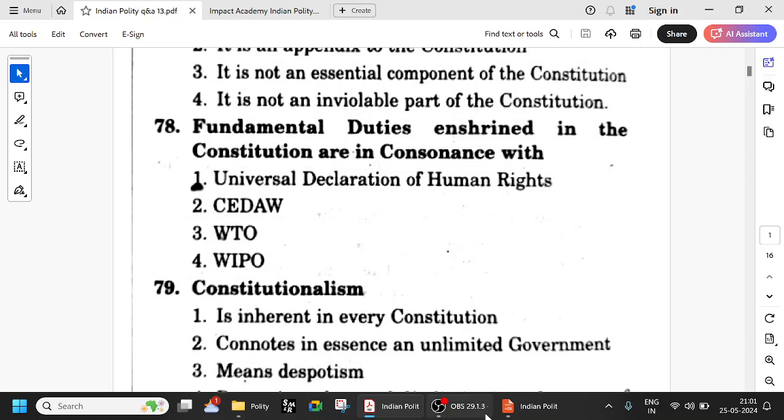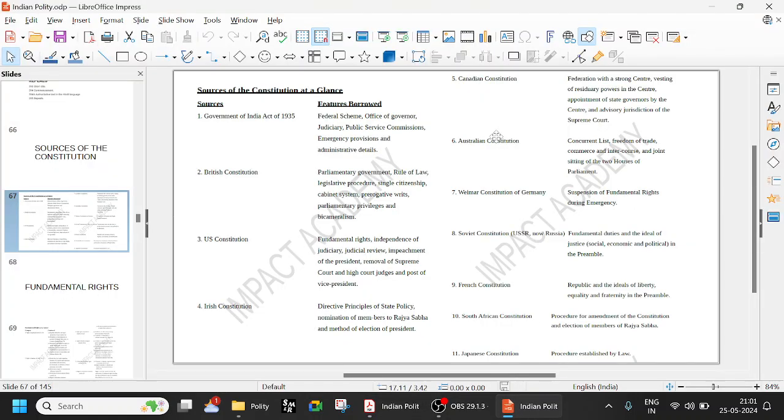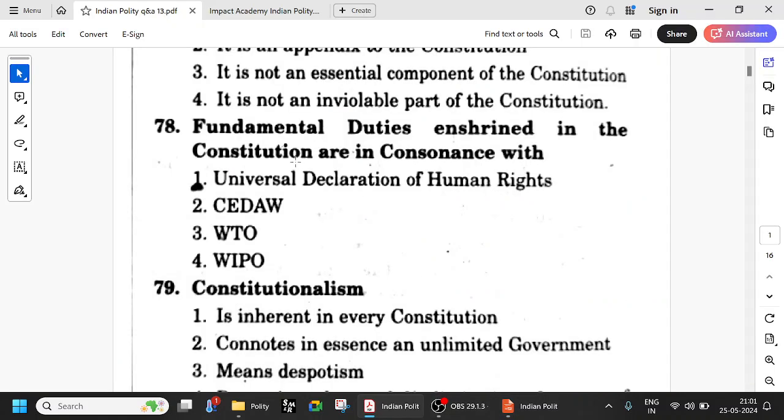Fundamental duties we have taken from the Soviet Constitution, USSR, now Russia. Fundamental duties and the ideal of justice in the preamble we have taken from the Russian Constitution. Fundamental duties enshrined in the Constitution are in consonance with the Universal Declaration of Human Rights.